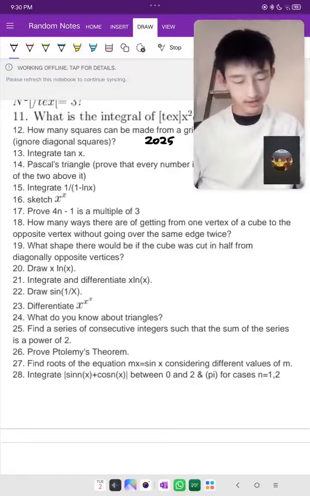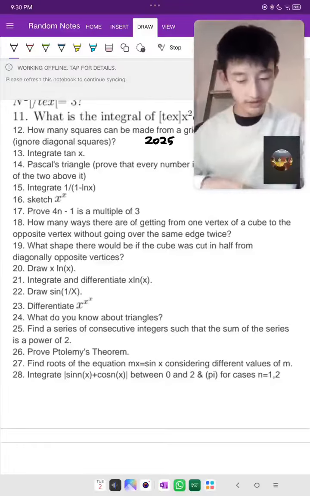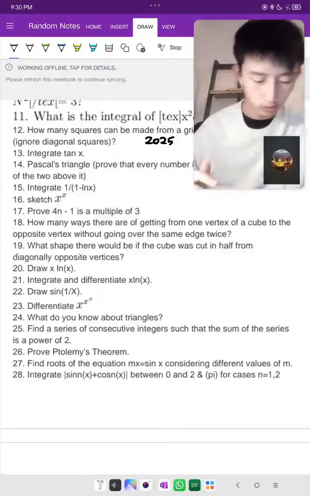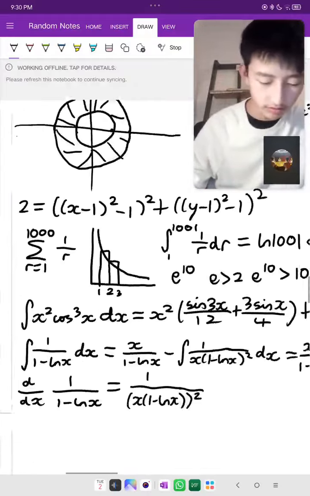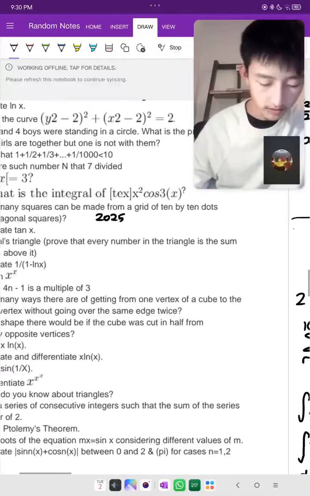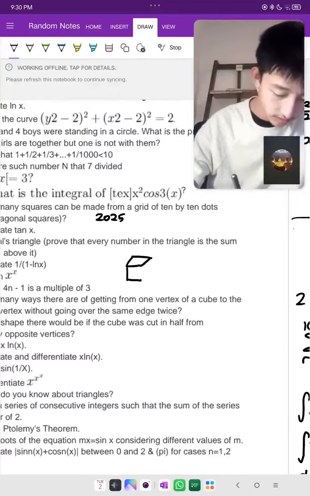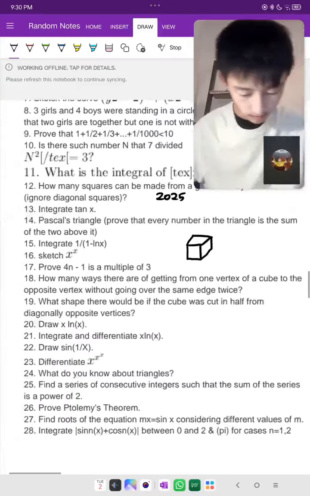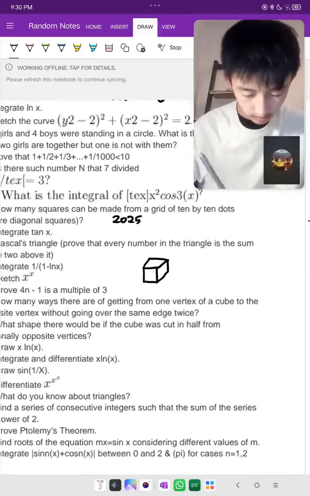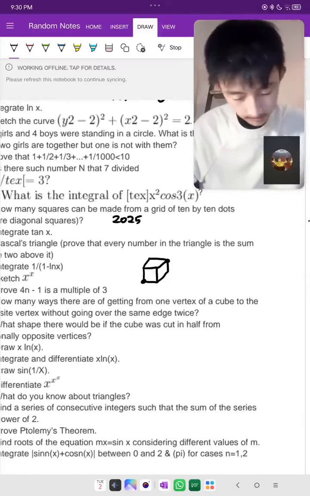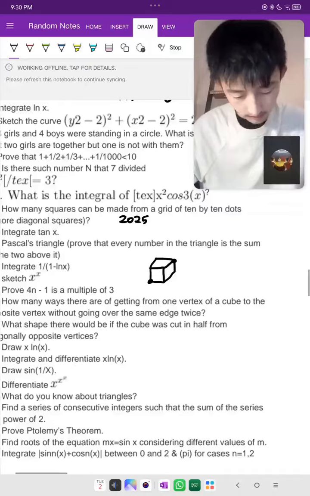How many ways are there of getting from one vertex of a cube to the opposite vertex without going over the same edge twice? This seems very graph theory focused, I think. If I draw a quick cube, so from one vertex to the opposite, I think by opposite they should mean, for example, this one and this one, without going the same edge twice.